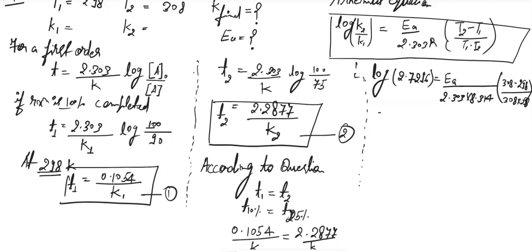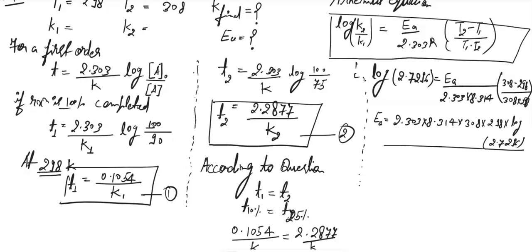the overall expression for the activation energy comes out to be 2.303 multiplied by 8.314 multiplied by 308 multiplied by 298, and this multiplied by log 2.7296, upon 308 minus 298.